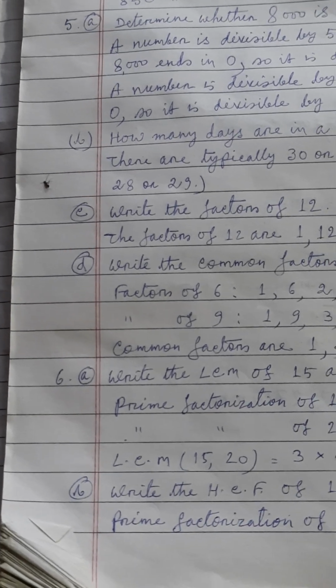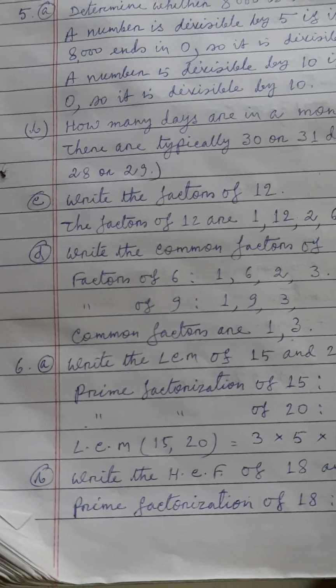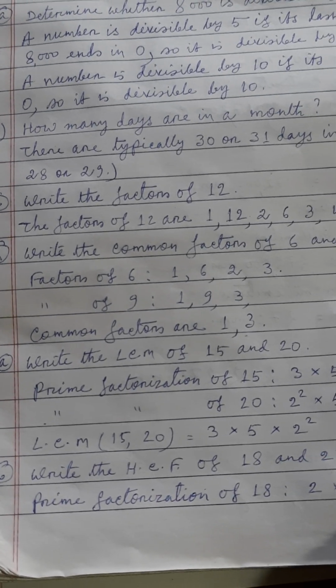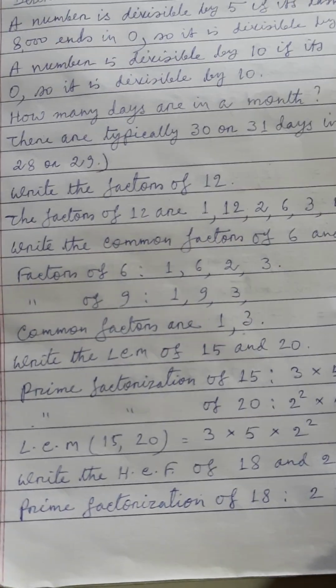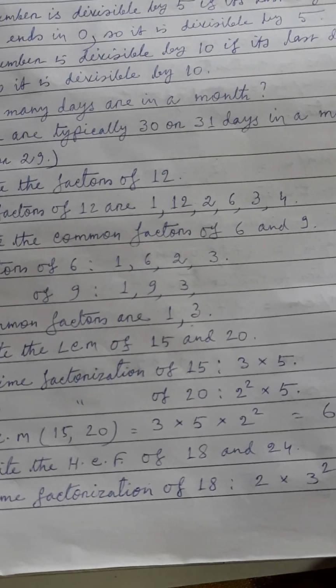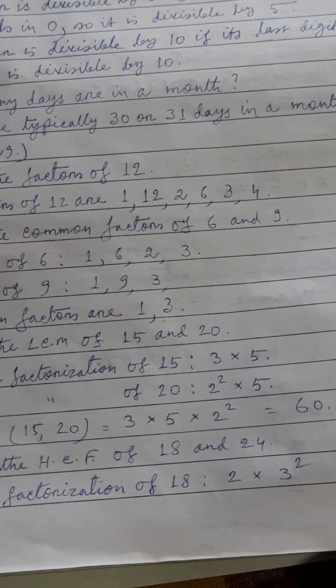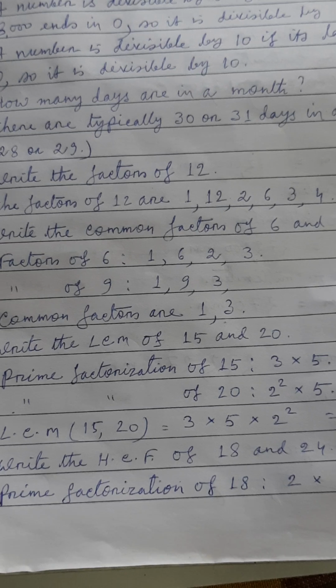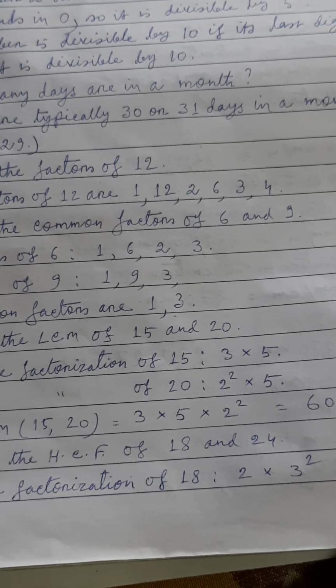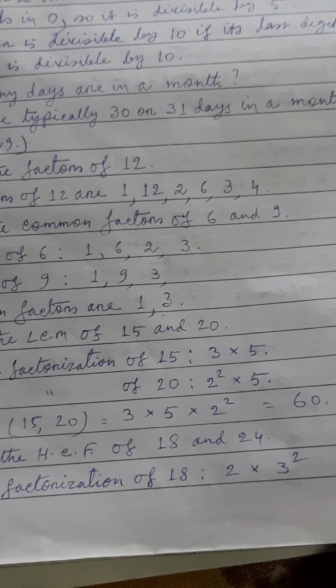Question number 6A. Write the LCM of 15 and 20. Prime factorization of 15, 3 into 5. Prime factorization of 20, 2 square into 5.